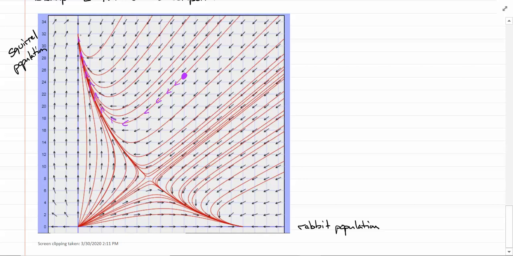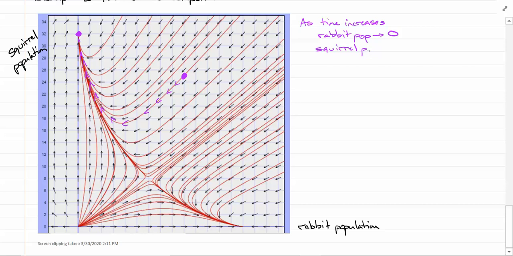Notice what's going to happen is it's going to approach this equilibrium point here of (0.32). Well, the equilibrium point (0.32) means that if you're on that purple trajectory, as time increases, the rabbit population is approaching 0.